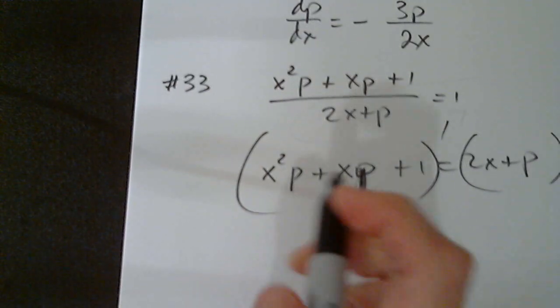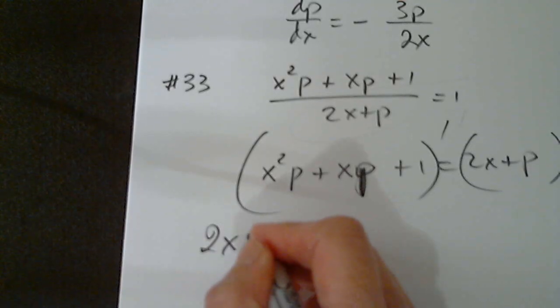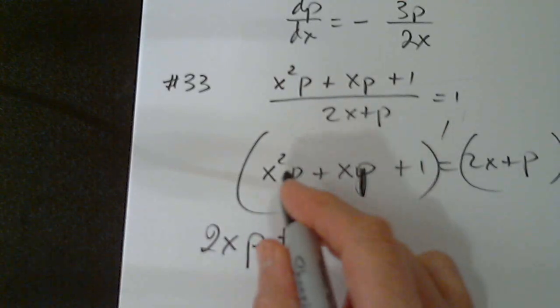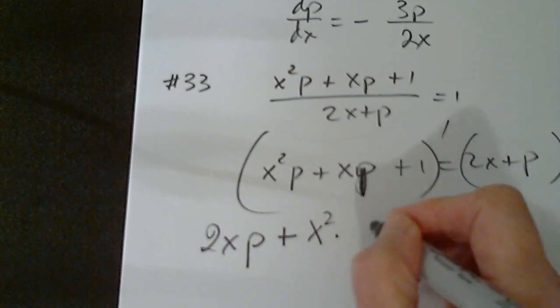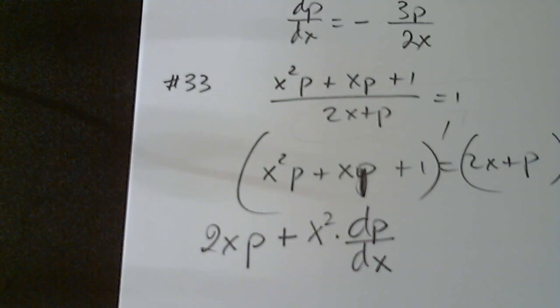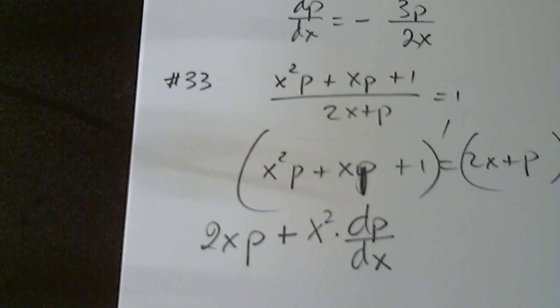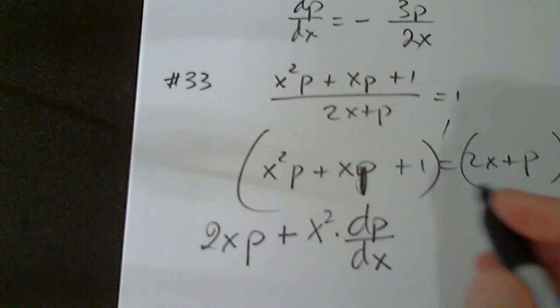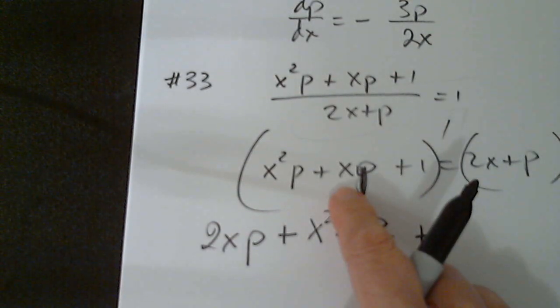So, product rule. 2xp plus x squared times dp over dx. Do we understand this step before we continue? Plus another product rule.